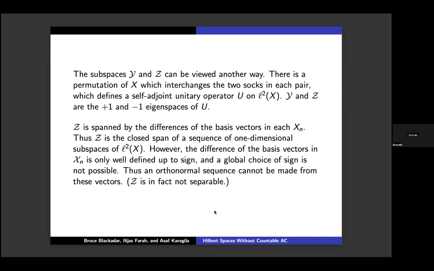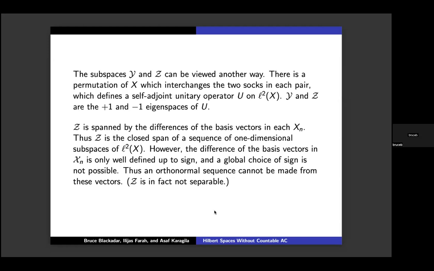You have to decide which one is the first and which is the second. And you can't do that globally. You can't make a global choice of sign. So you can't make an orthonormal sequence out of these vectors. Even though you've got this sequence of 1-dimensional subspaces, you can't pick unit vectors in each one.